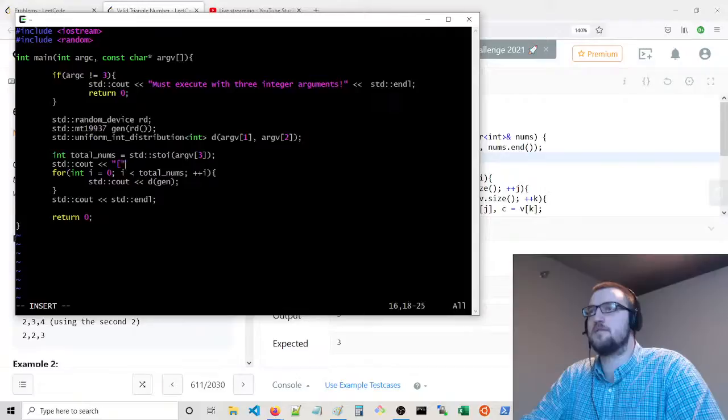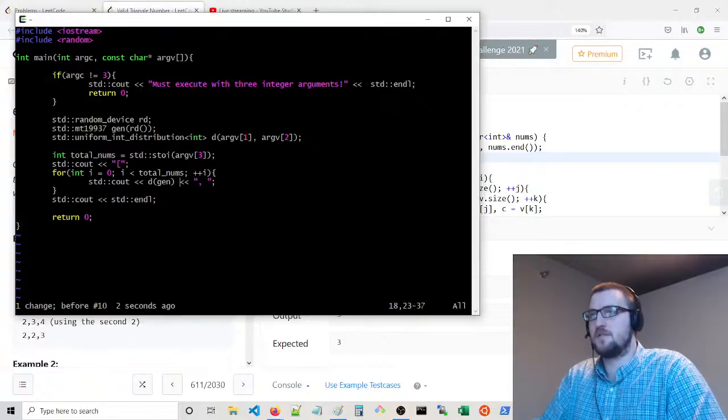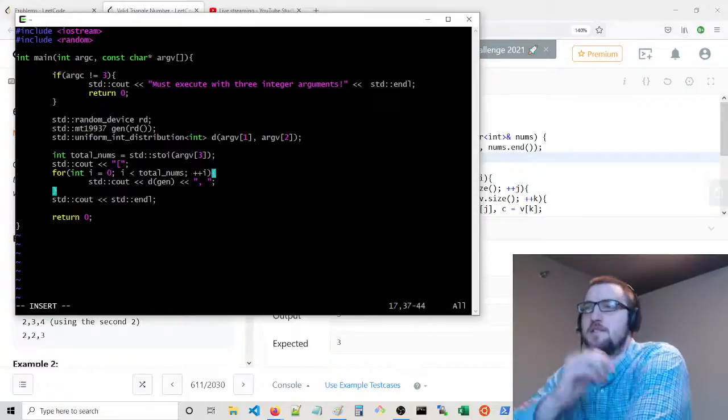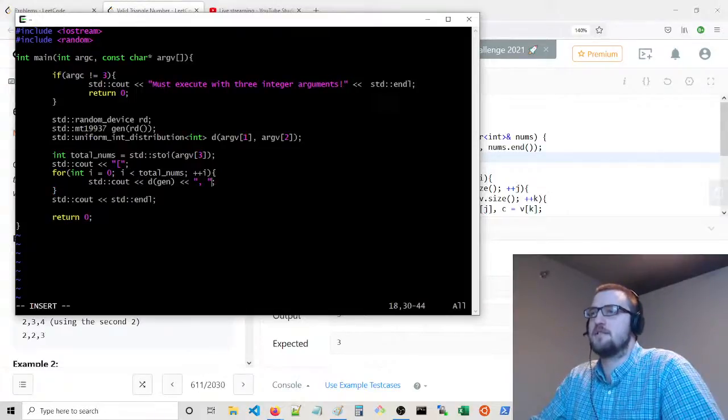So it'll be this, and another dgen, and it's going to have a space. What we want to do is, these aren't going to be on new lines, they're all going to be on one line, but we're not going to add a comma for the last.